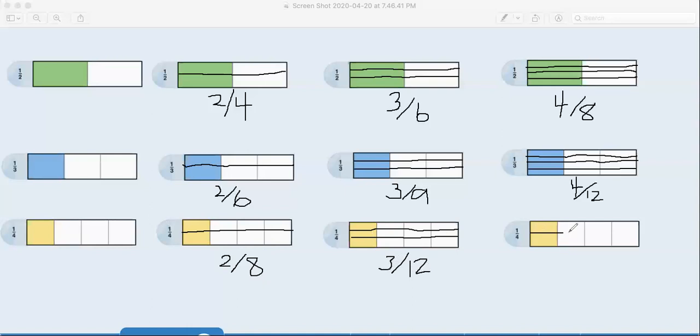And if I do that here, 2, 3, then my shaded area is still the same, but now I have 16 equal parts, and 4 of those are shaded. One thing to keep in mind as you work with students is that if you're going to build fourths, notice that there's only 3 cuts inside of the area.